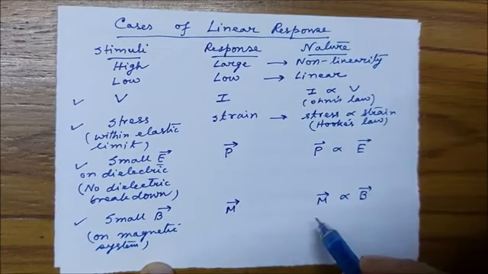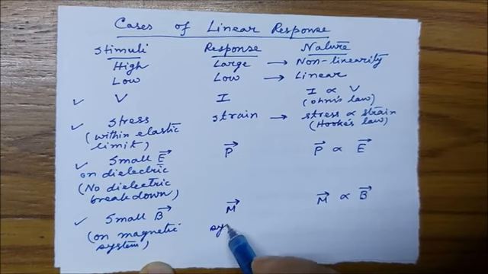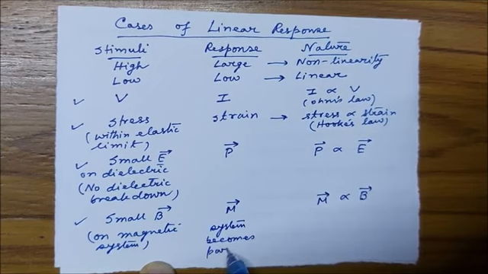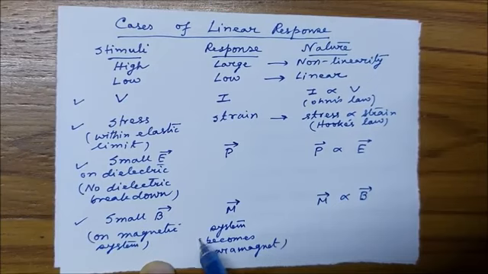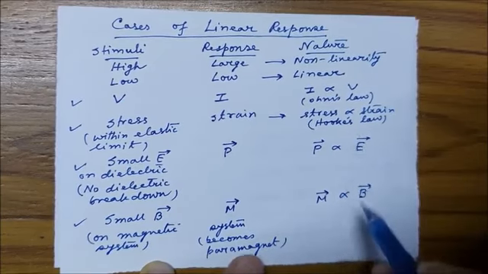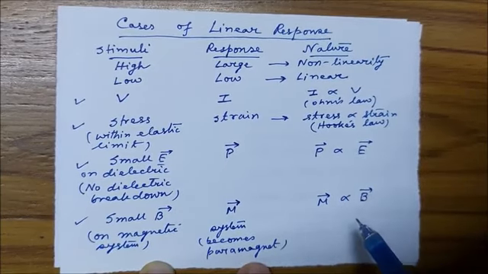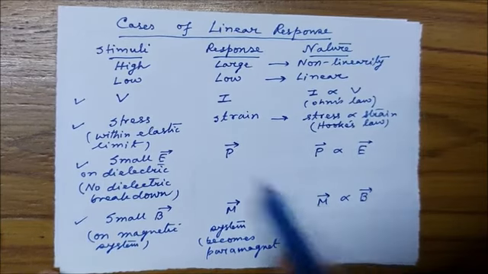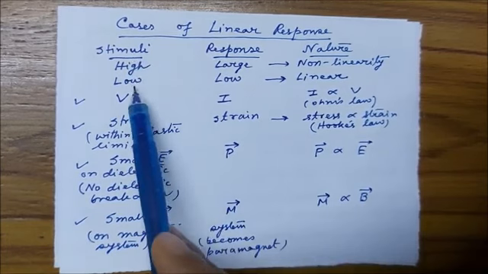For instance, the system turns into a paramagnet. So the essential relations shown here are linear, but the condition is that the stimulus should be low.